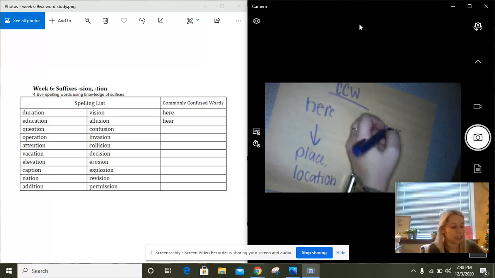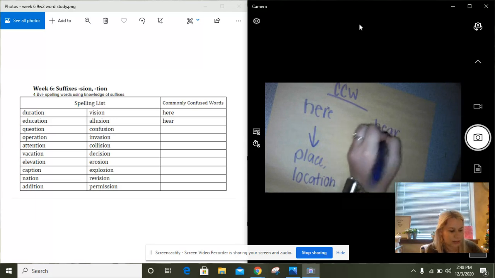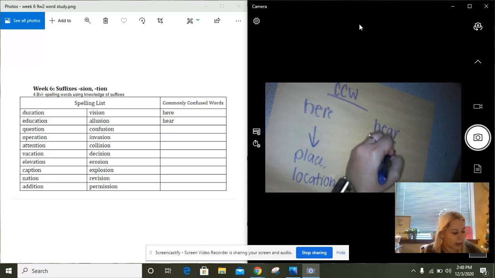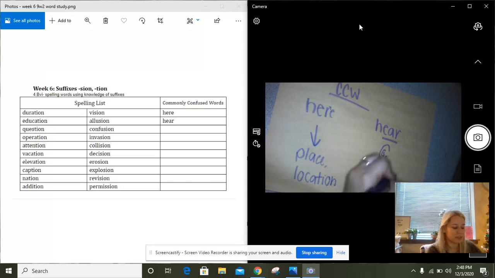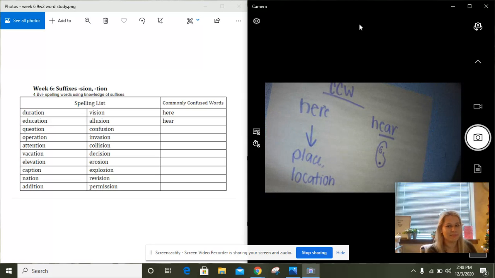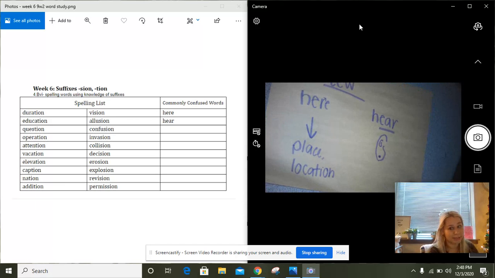Now here, look at this. It has ear in it. That's my version of an ear. I'll even put a pretty earring on there for you. Doesn't look quite like an ear, but good thing this is writing and not art class, am I right?